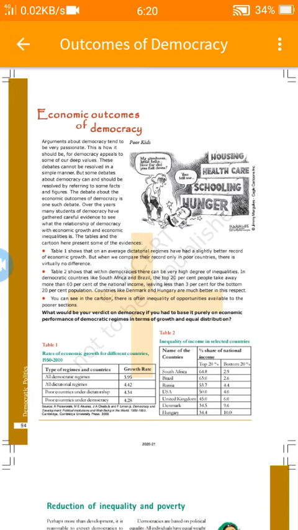To understand that, in a democracy we have so many problems to solve that are based on economic conditions: poverty, hunger, schooling, healthcare, hygiene, providing houses for each person, and making people equal.